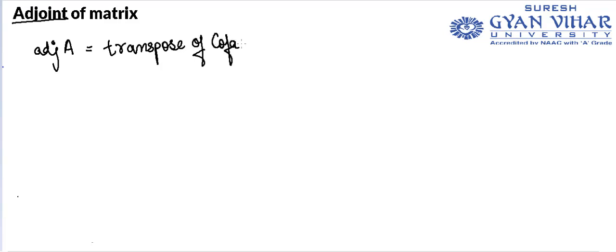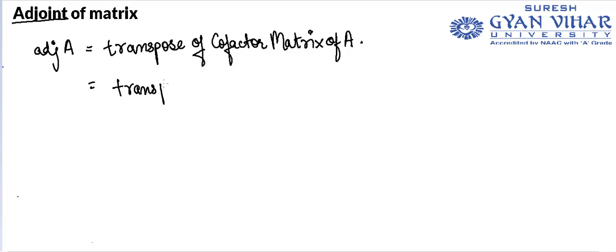Basically, the adjoint of matrix A is represented as the transpose of the cofactor matrix of A.